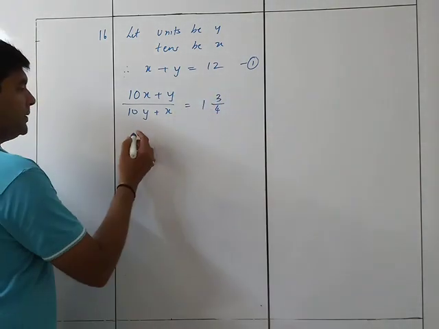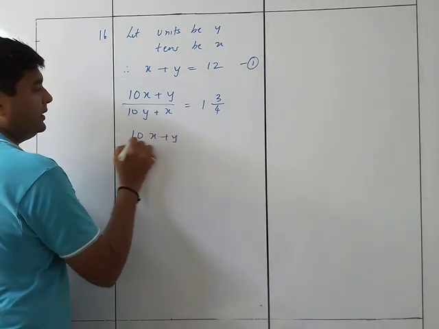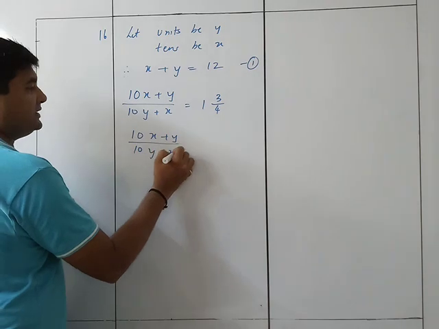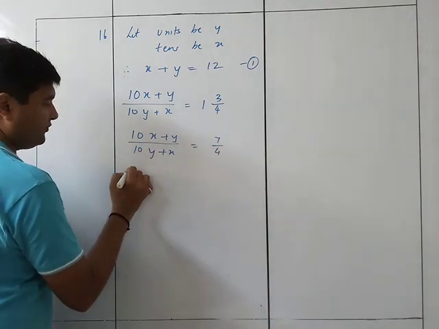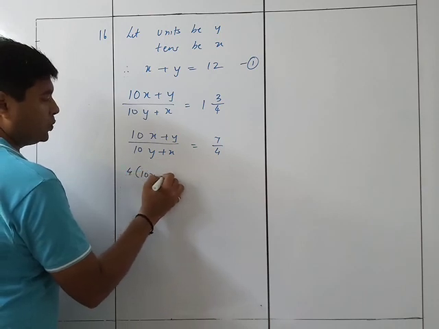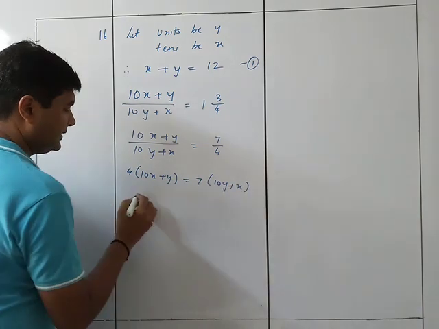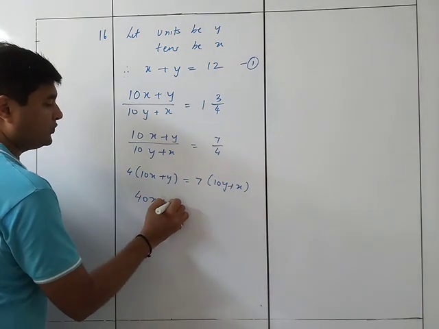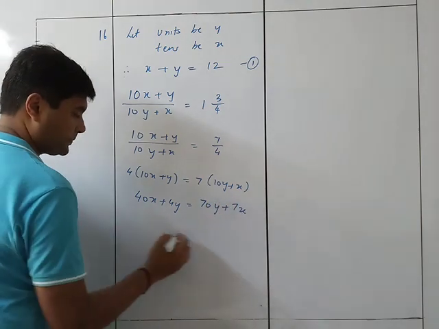Right? You cross multiply this thing, so first of all, (10x plus y) upon (10y plus x) is equals to 7 upon 4. You cross multiply, you get 4 into (10x plus y) is equals to 7 into (10y plus x). That gives me 40x plus 4y is equals to 70y plus 7x.